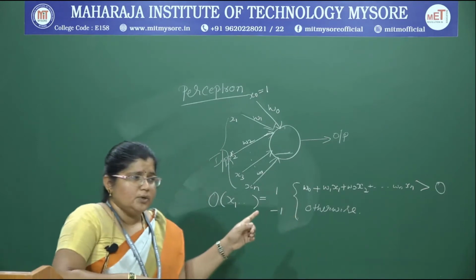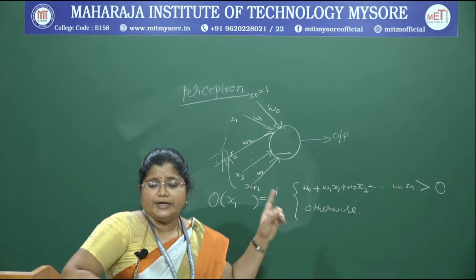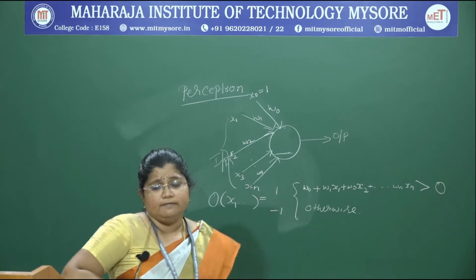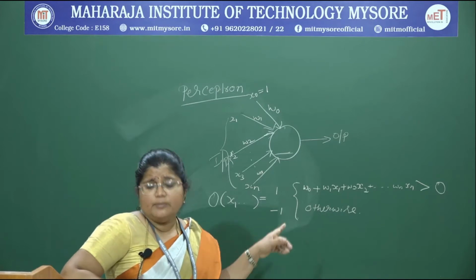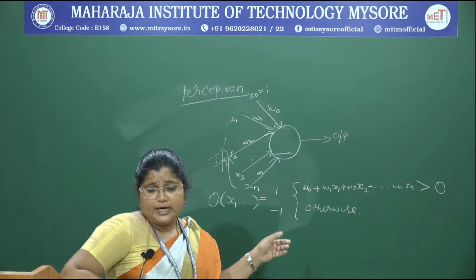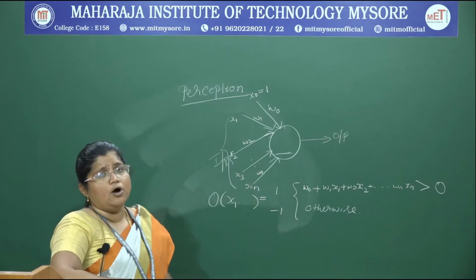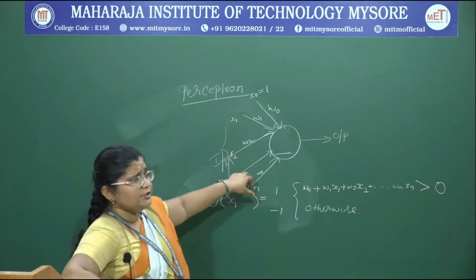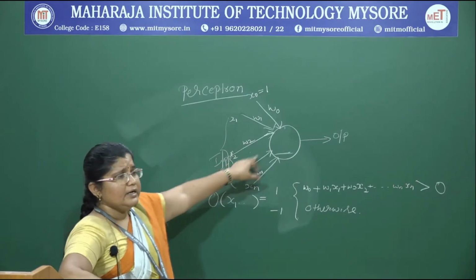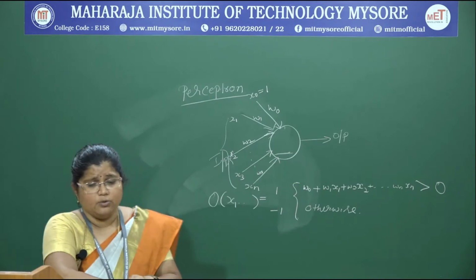Here, Wi is a real valued constant, or a weight, that determines the contribution of the input xi to the perceptron output. It is just a contribution to the input which is received, and then it provides the proper output.